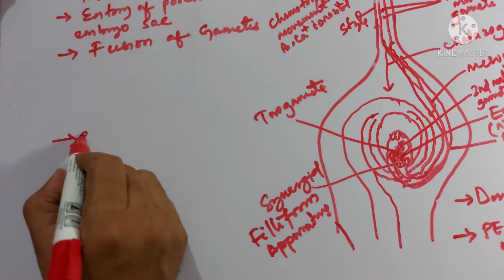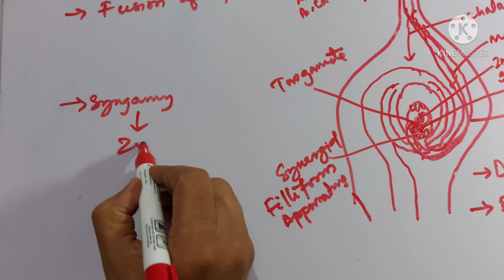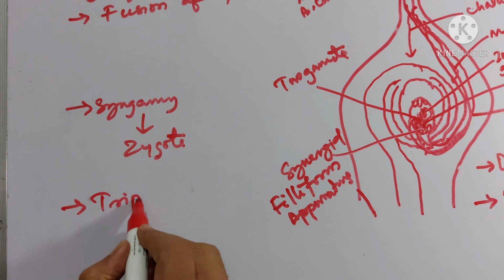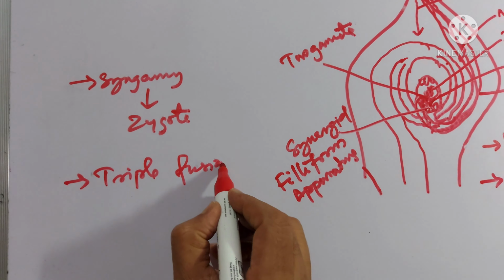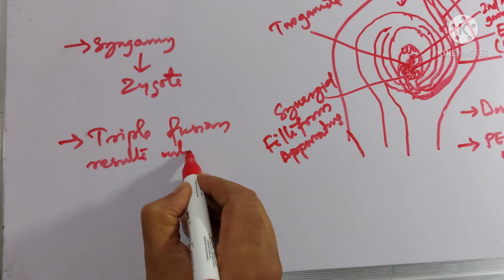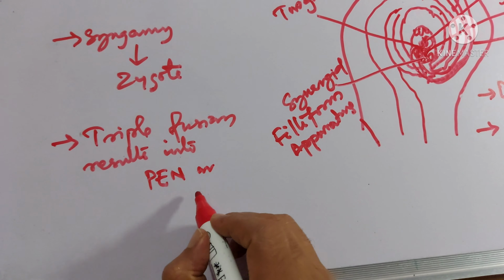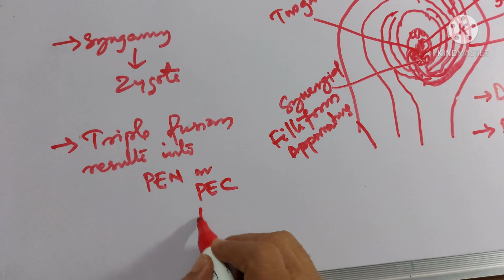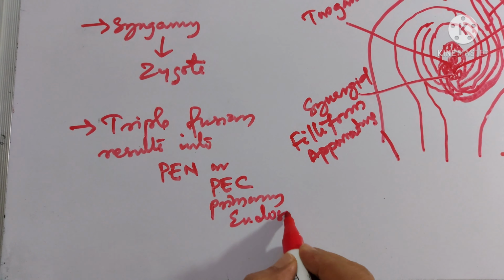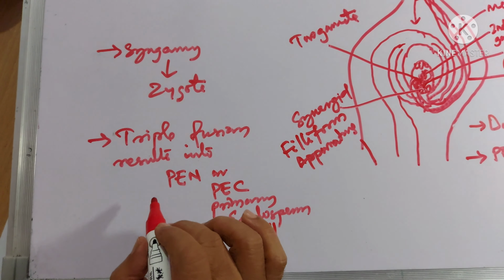Syngamy results into the zygote, and triple fusion results into the PEN, or we can tell PEC also, primary endosperm cell, which is triploid in nature.